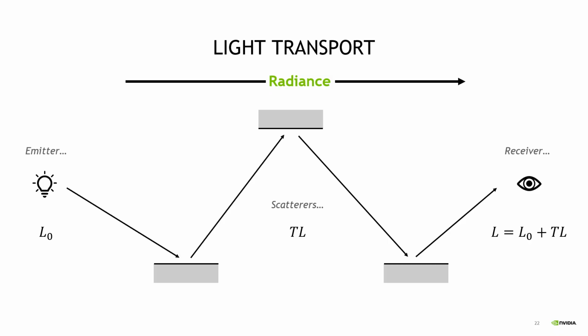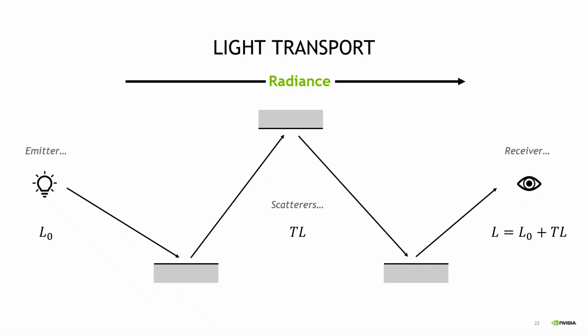In light transport, the basic problem is we have some light emitters, and we want to figure out how much light reaches a receiver, typically a camera. The light from the emitter bounces between surfaces and eventually reaches the receiver. So the light is modeled by radiance, which we denote by L.